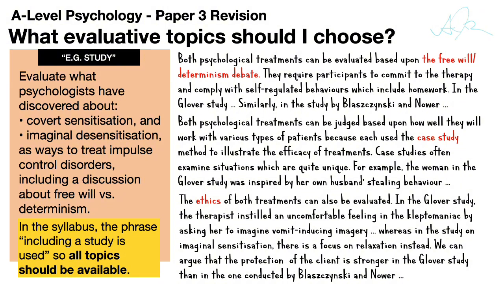The second issue is the use of a case study, which is fine because these are based on case studies, so methodology is there. And then the last thing I do is a GRAVE typical point, which is ethics. And I think these 3 things are very distinct from each other so that the paragraphs are not going to repeat too much. Free will determinism, use of case studies, ethics, I think these are very distinct from one another.